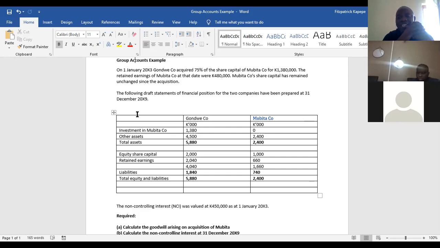We do not have the intelligence to determine the actual payment that the non-controlling interest paid for those 25% shares.